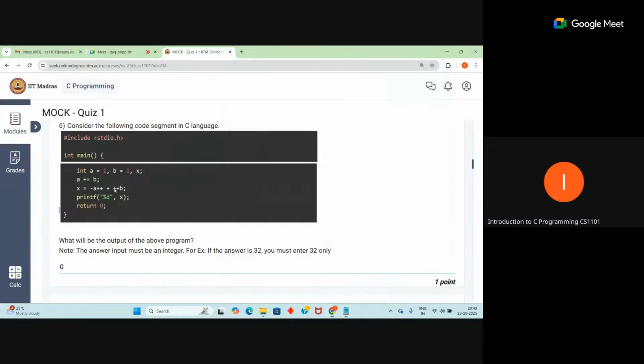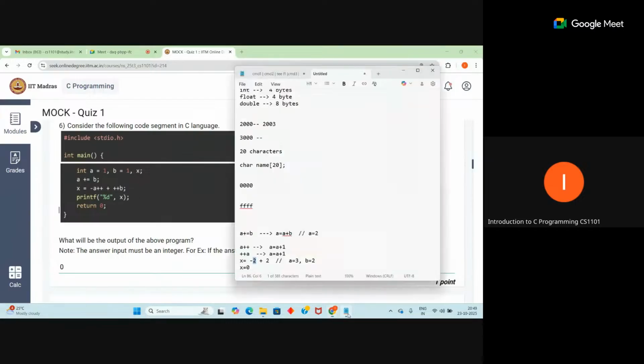So the current A value is 2, so 2 is substituted here, and then A will become 3 after that. Now here the second operator is B, for which you are given plus plus B, that means pre-increment. So first the B value gets updated, B will be 2, and the updated value is substituted in the expression. So here it will substitute 2. So minus 2 plus 2 will be 0.